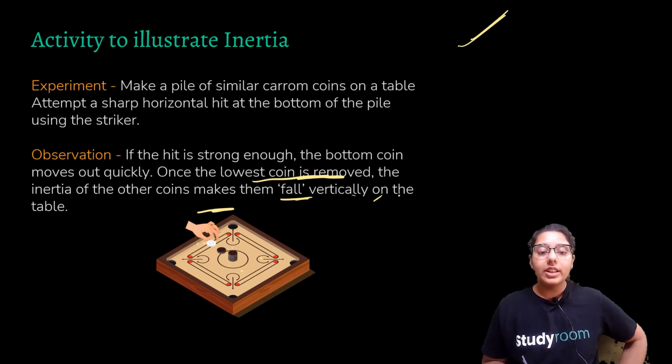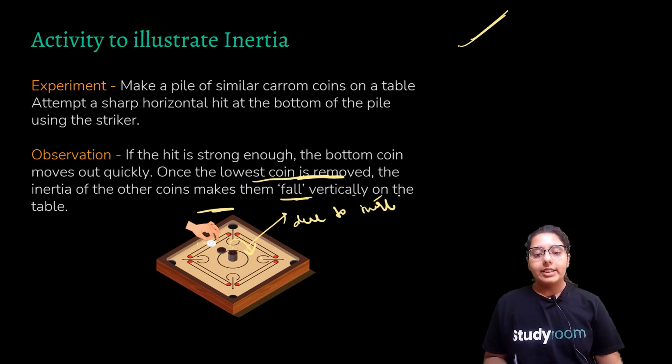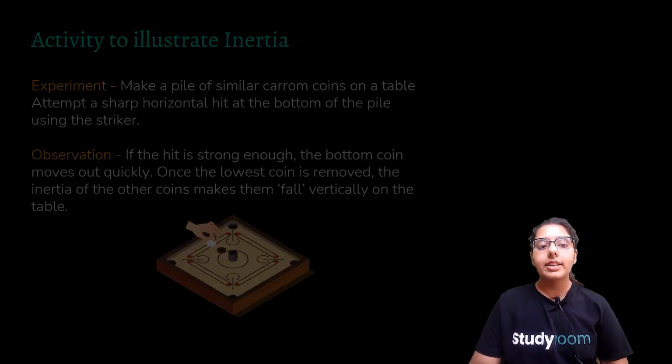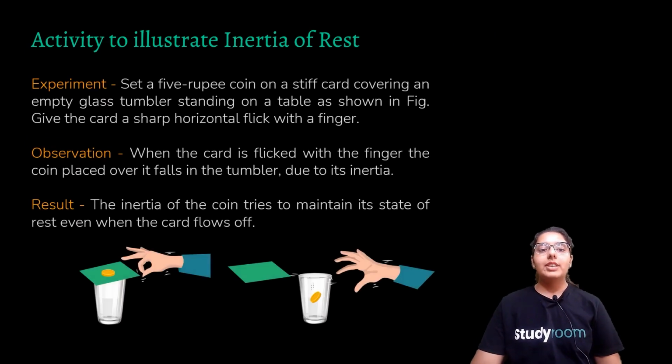They are like opposing your motion. They are like, we want to stay at rest. These coins don't want to move. So then these coins eventually fall downwards, due to inertia of rest. These coins were at rest and they tend to remain at rest. Correct. Due to the inertia of carom coins. Inertia of rest. Activity to illustrate inertia of rest.